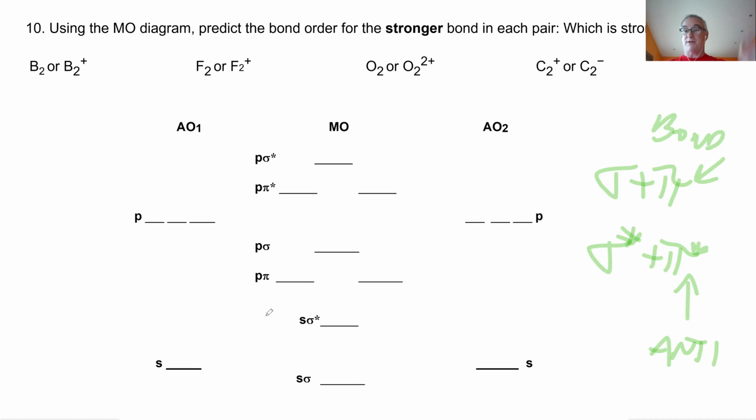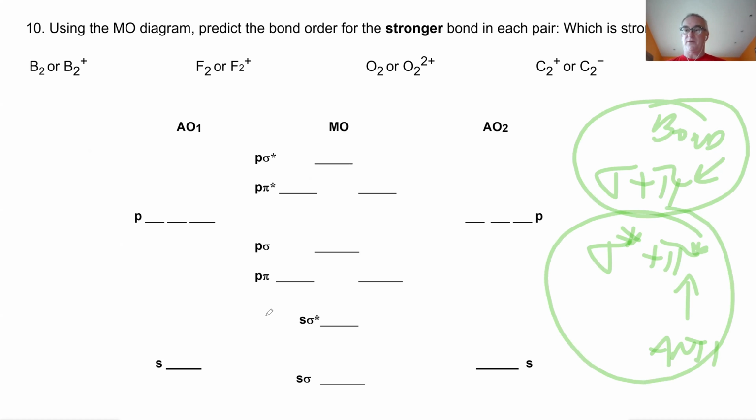In fact, they do the opposite. So what we do is take all the bonding electrons and all the anti-bonding electrons, subtract them, and then divide by 2. You're absolutely right about that. We take some set of electrons, subtract it from another set of electrons, and then divide by 2. But the ones we want to do that with are the bonding and the anti-bonding.